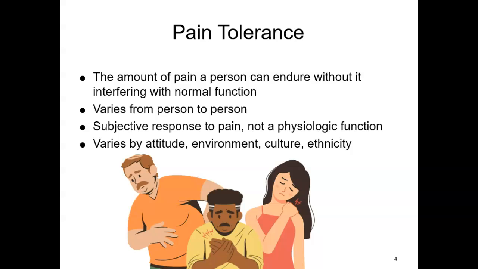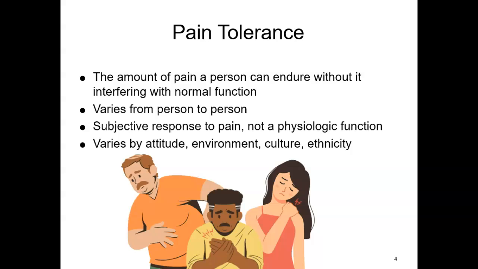So this is the reason why people with the same diagnosis can have varying levels of pain. This may be related to individual factors, a person's attitude. It could be impacted by their culture, ethnicity, gender differences as well. So that's why I have a picture here of different people, all with pain, but their pain level is going to be different and their tolerance levels are going to be just as different as they are.